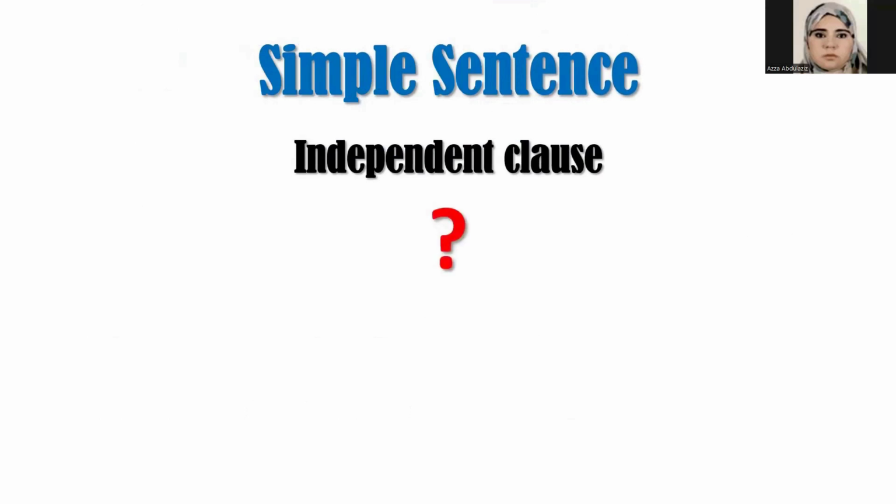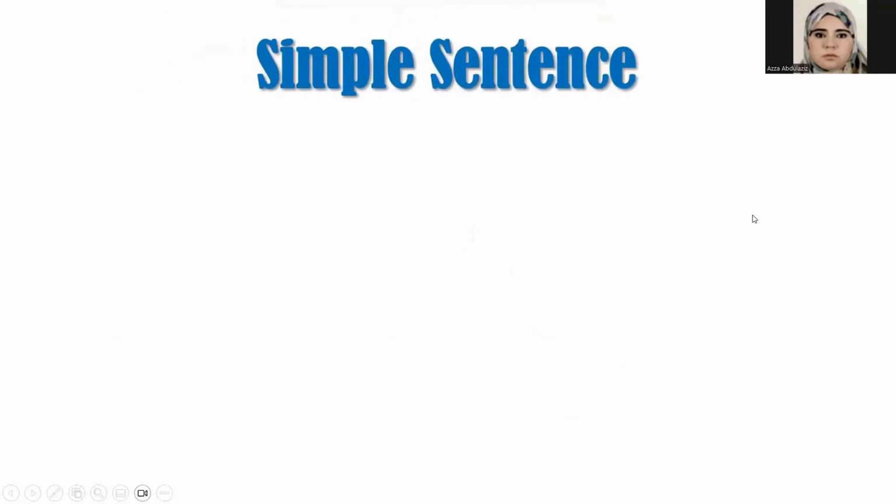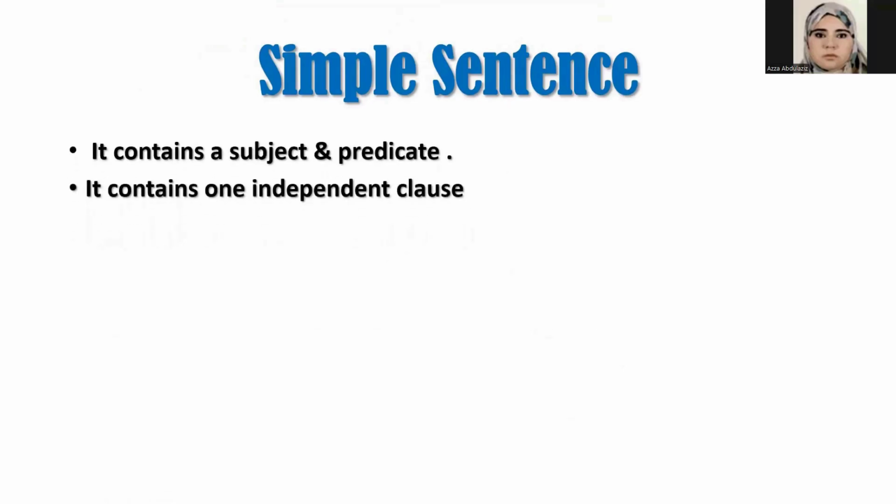What is meant by an independent clause? It's a clause that can stand alone as a sentence. So the simple sentence contains a subject and a predicate, it contains one independent clause, and it expresses one complete idea. Is it clear? Fine. Let's move to the other example.